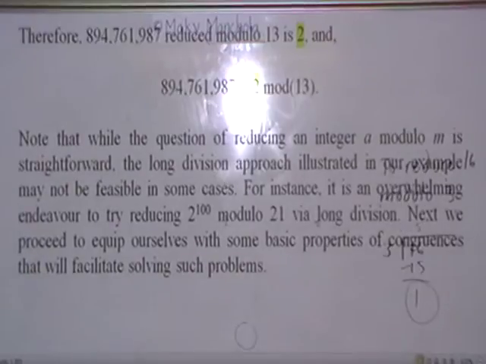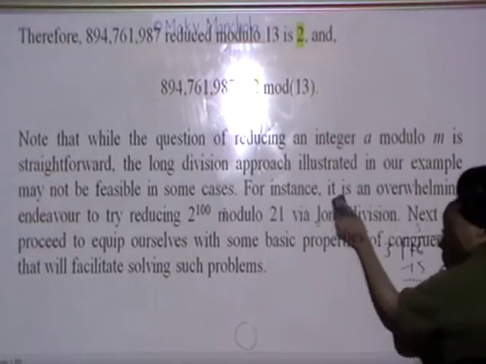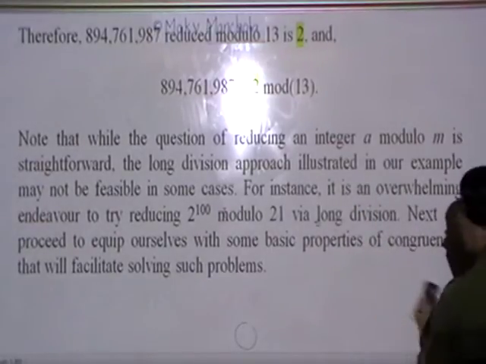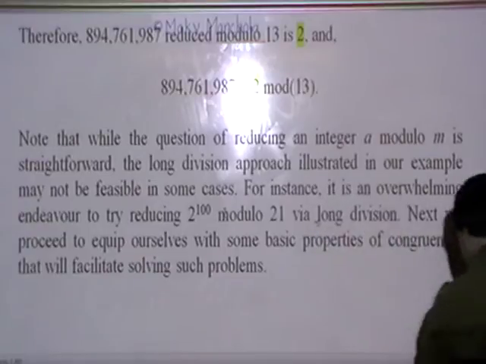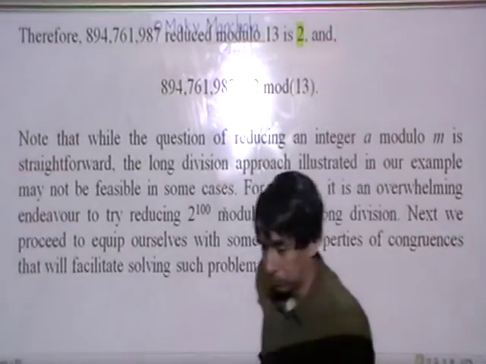Note the following. While the question of reducing an integer A modulo M is a straightforward one, the long division approach could be unfeasible.